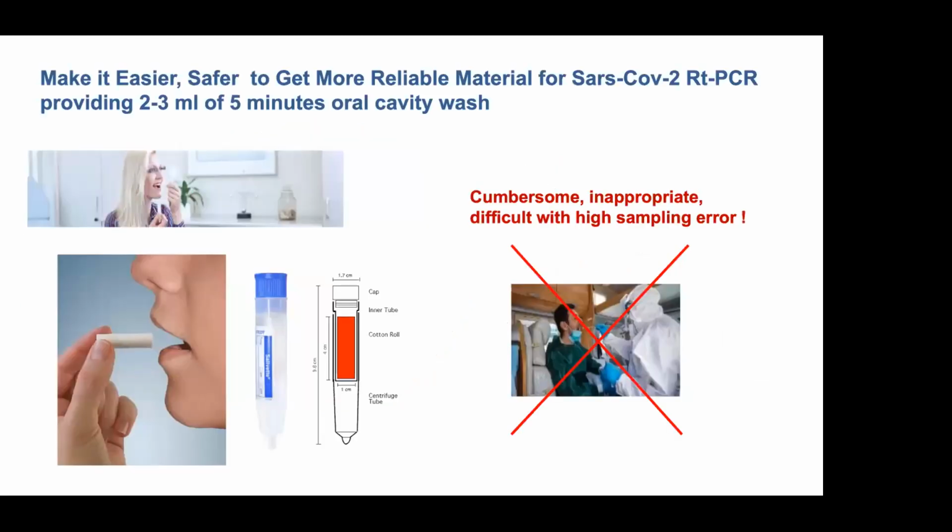Extrapolating this concept, we have seen in the pandemic how crazy and stupid, I would say, the world has been, sampling erroneously, trying to check the virus in the nose with few microliters on the tip of the swab. Instead, in this condition, the best would be to have a washing of saliva of the total mouth taken with a sponge that is autonomously taken, few minutes of chewing, then you have 2 to 3 ml of washing of all the oral cavity.